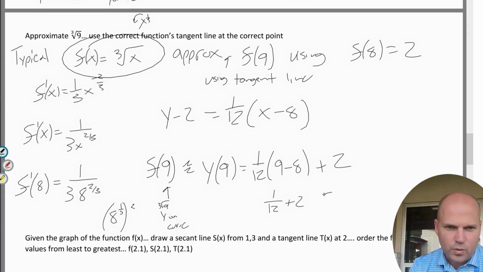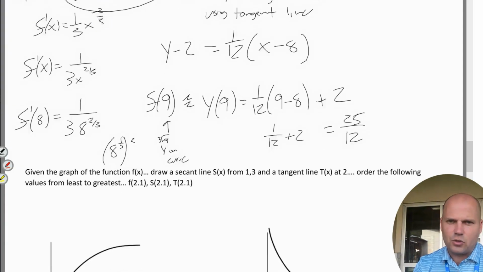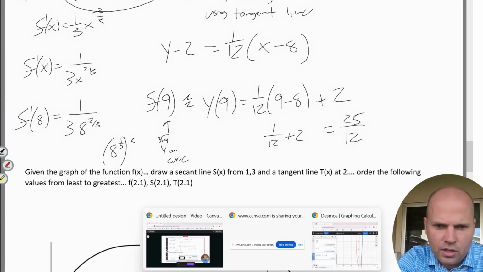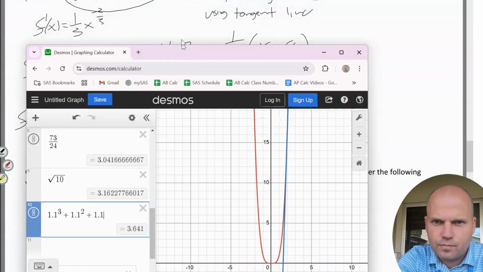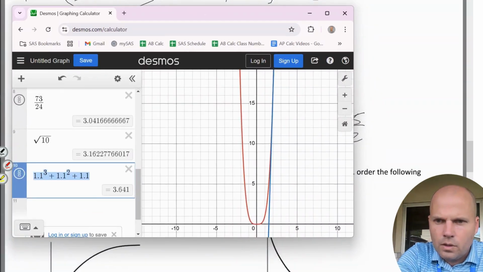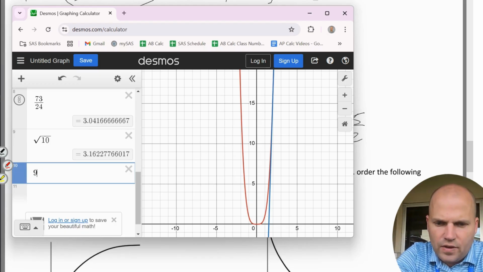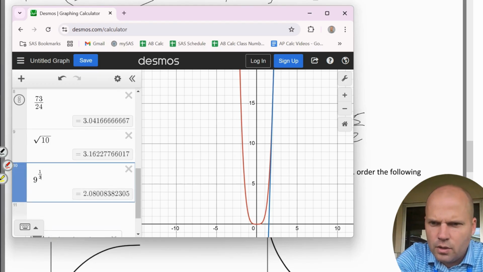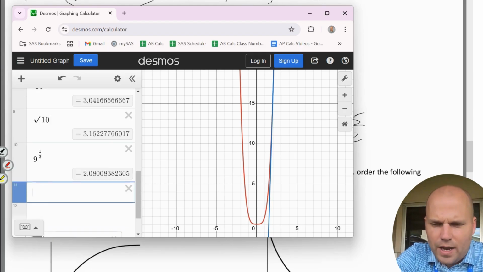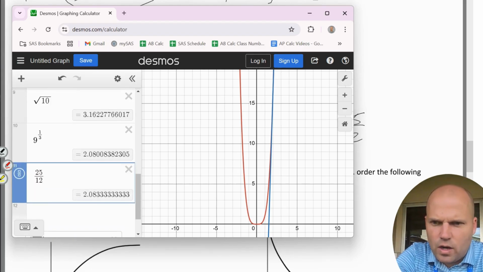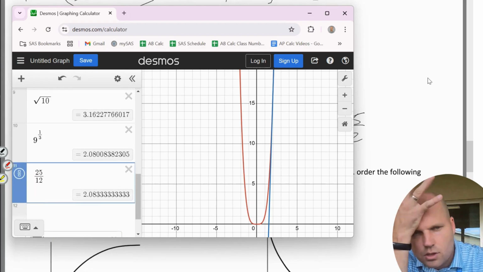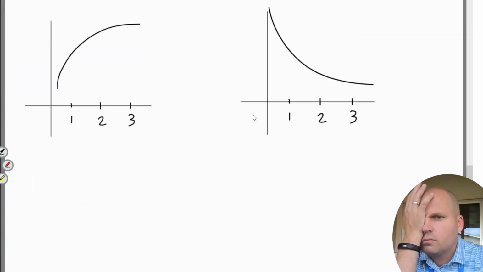This is 24/12ths. We get 25/12ths. You got to use the x values to approximate the y values. And let's just see how we did. The cubed root of 9, I'm just going to do 9 to the 1/3, is 2.08, and 25/12ths is 2.083. It's unbelievable. Cool.